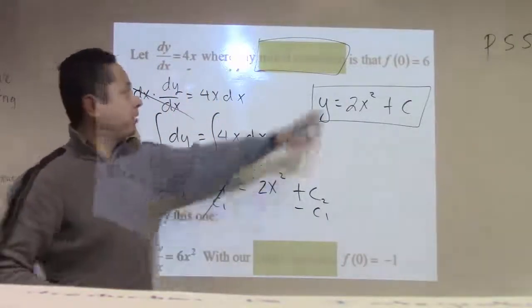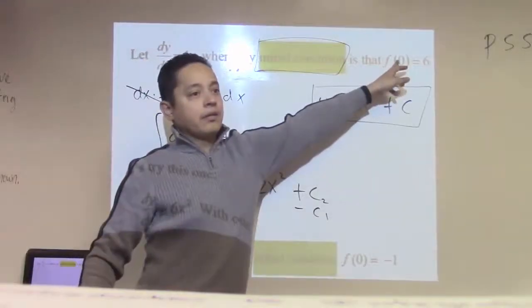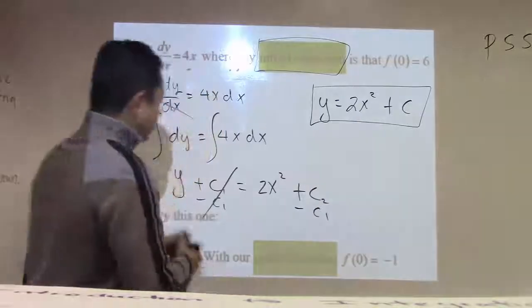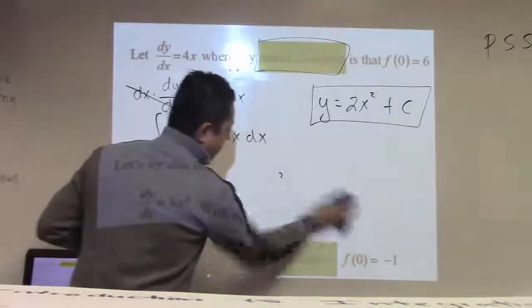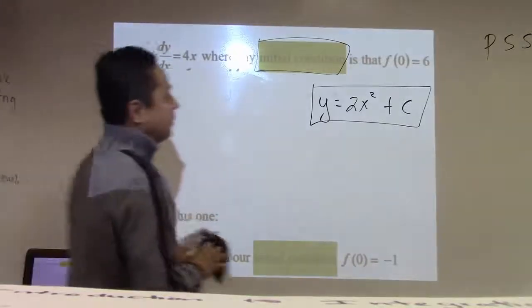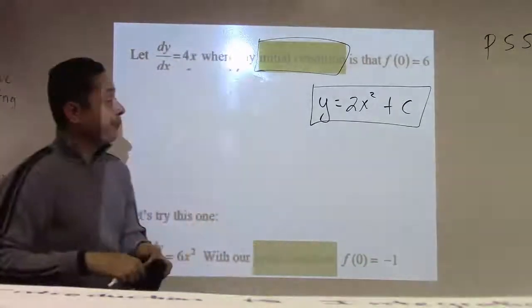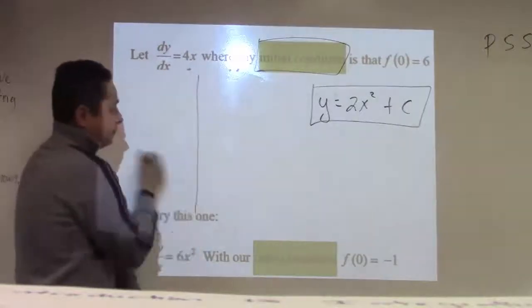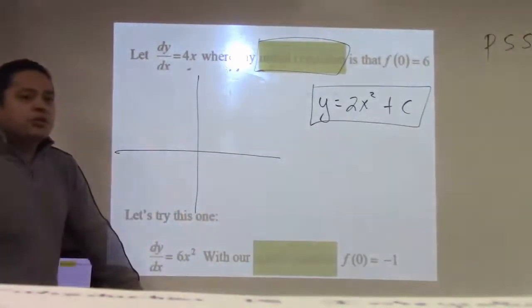And you might be thinking, well, where is this coming from? If you graph this, I'm going to erase this, so hopefully you have it on your papers. I'm going to graph that, and this is what's happening graphically. What does 2x squared look like?